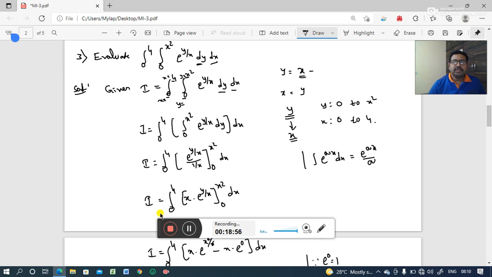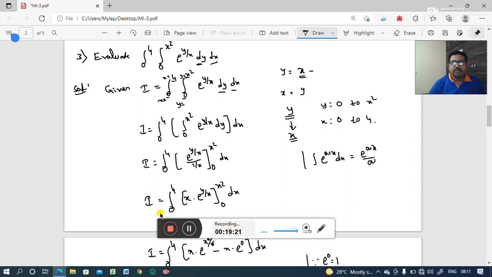But when they are giving variable limits, if they are given in terms of x, those are the y limits, and if they are given in terms of y, it is x limits. Here the first integral takes the limits 0 to x square, which is in terms of x, therefore y limits. So the order of integration is first with respect to y, then with respect to x.